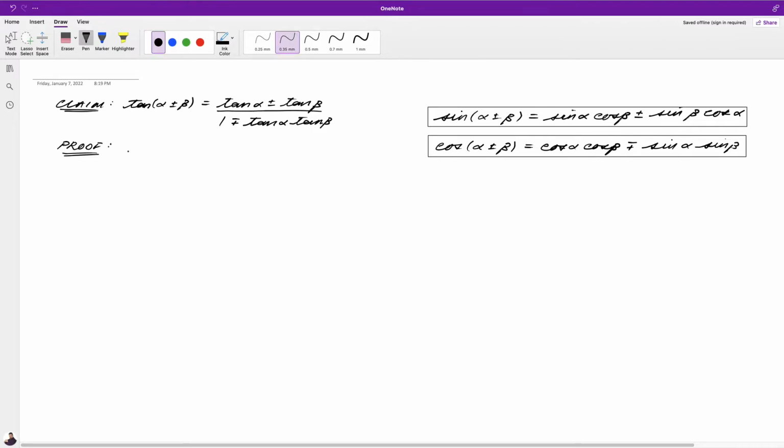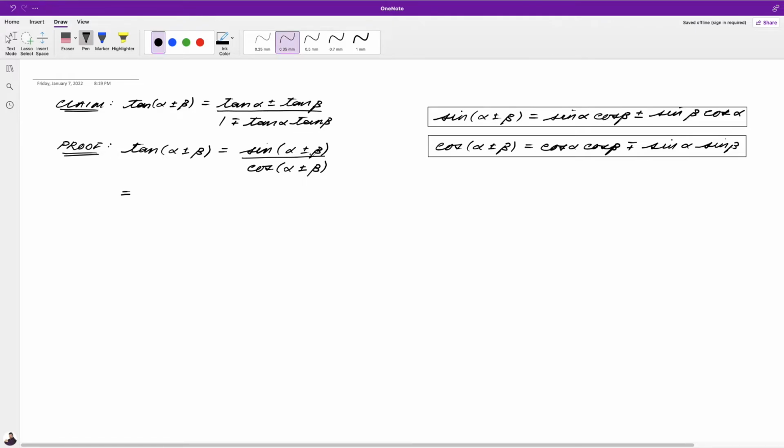Okay, so we know for sure that the tangent of alpha plus or minus beta is by definition equal to the sine of alpha plus or minus beta over the cosine of alpha plus or minus beta. Very good.